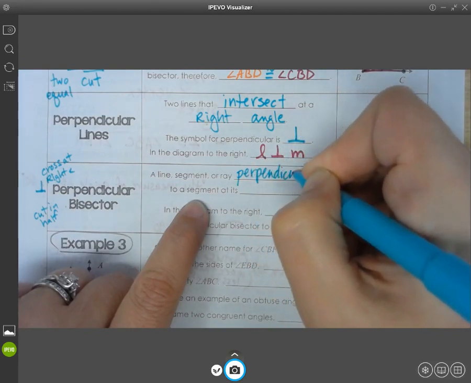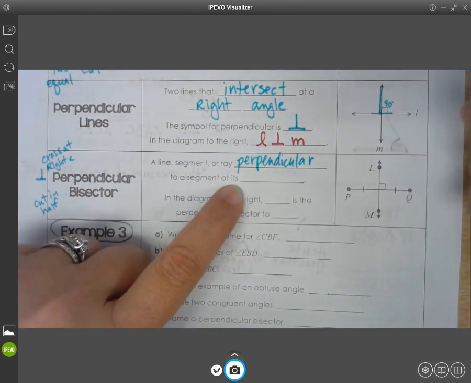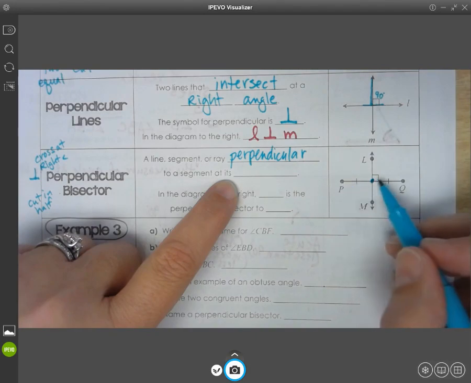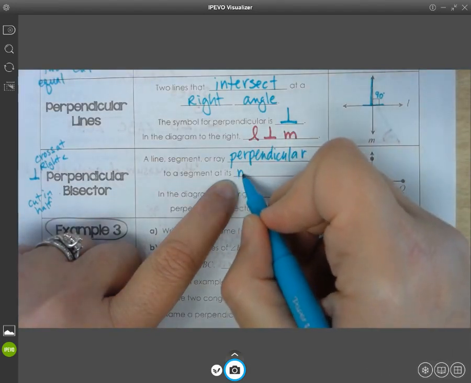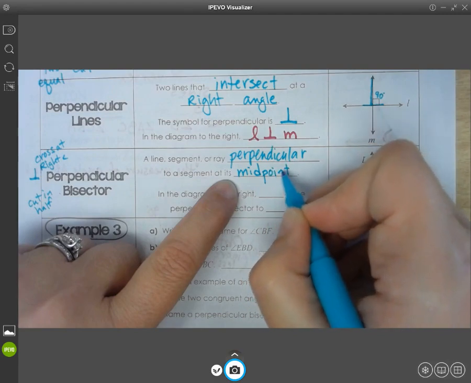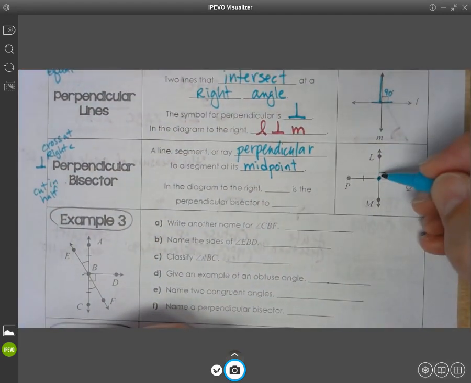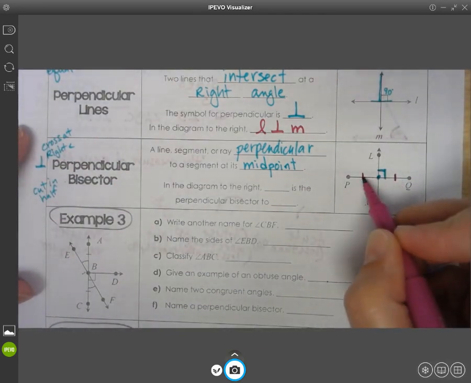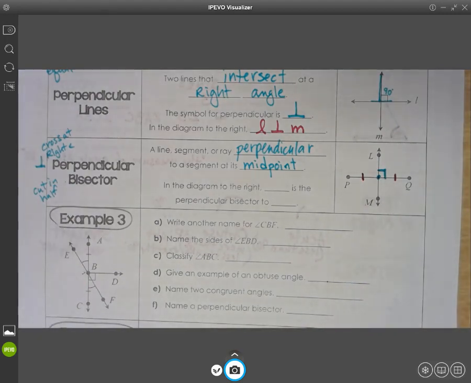So if we have a line, segment, or ray perpendicular to a segment at its, what do we call this point in the middle of two equal pieces? Midpoint. So we have a right angle and we have congruent pieces, meaning that this is right in the middle.